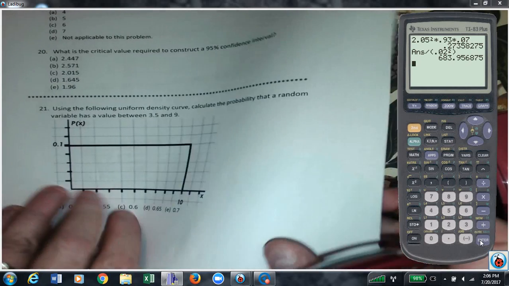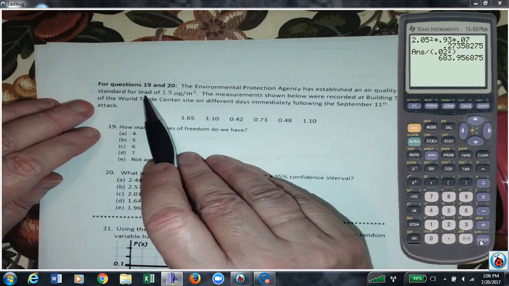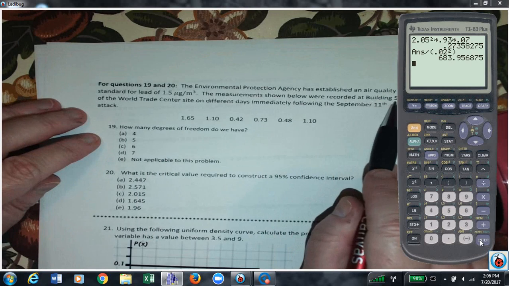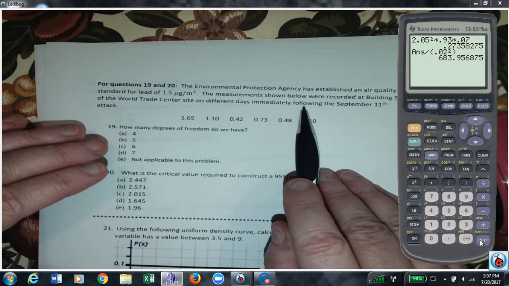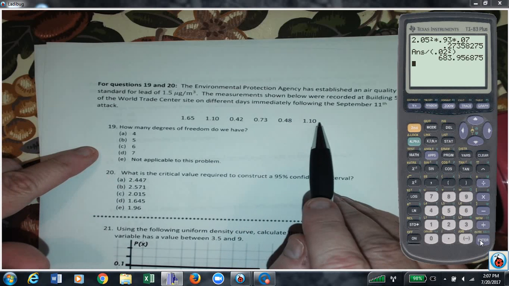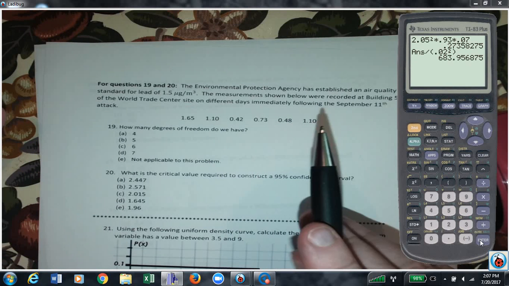All right. The EPA has established an air quality standard for lead of that. The measurements shown below were recorded at Building 5 of the World Trade Center site on different days immediately following the September 11th attack. Okay. How many degrees of freedom do we have? Well, is it applicable?